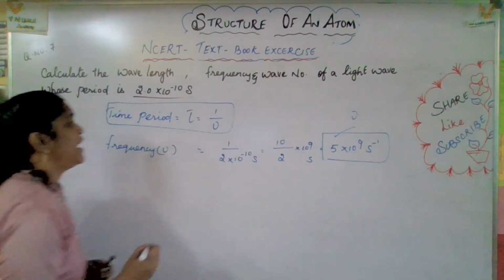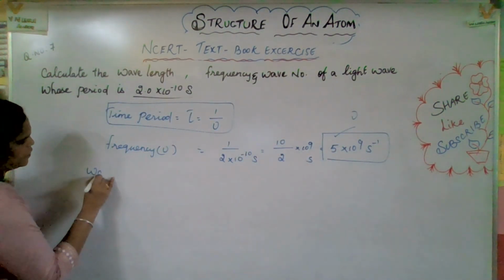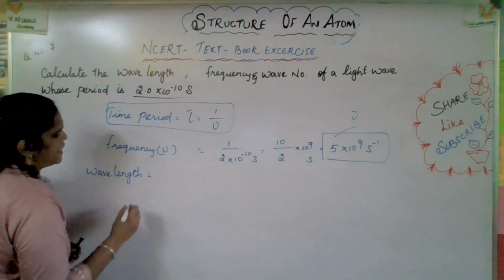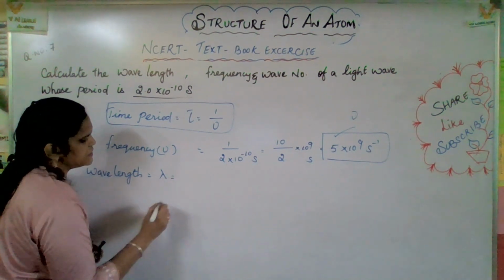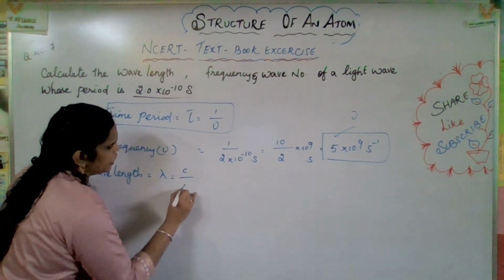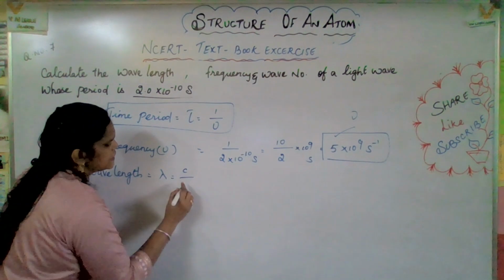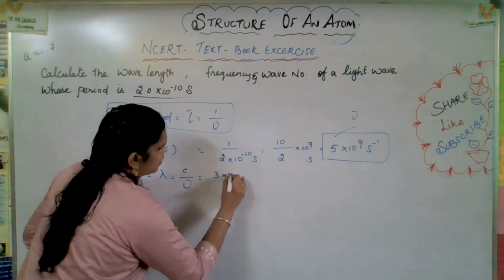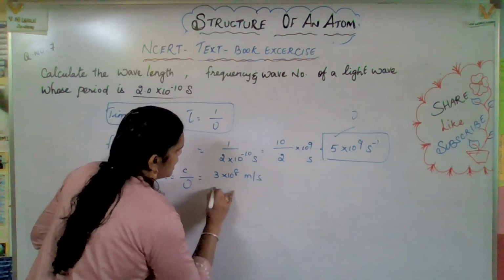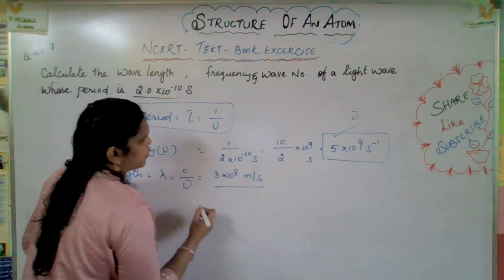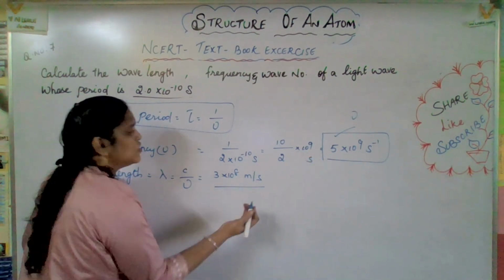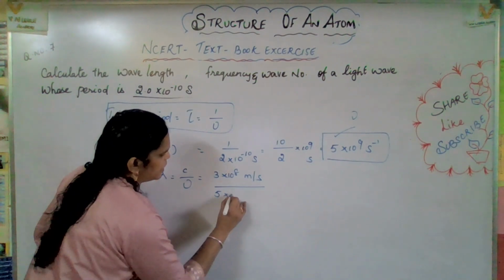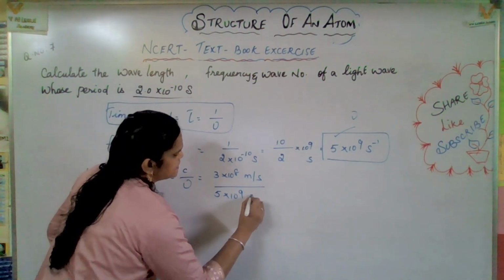Now lambda, the wavelength, let us find out. Lambda is equal to C by nu. C is 3 into 10 to the power of 8 meter per second. And the nu value, we just found it, is 5 into 10 to the power of 9 second inverse.